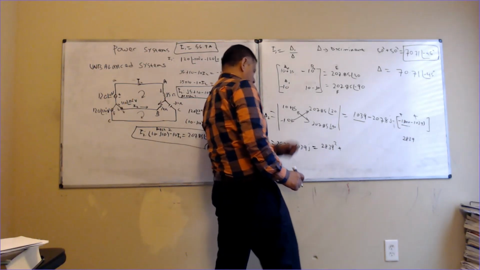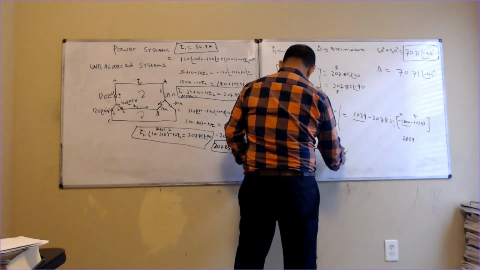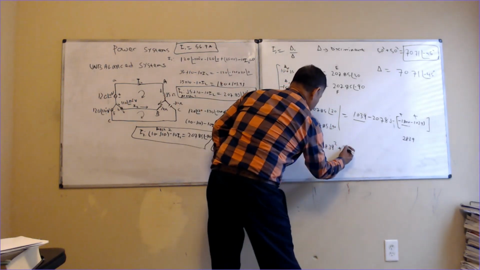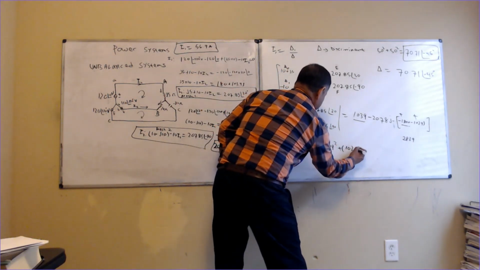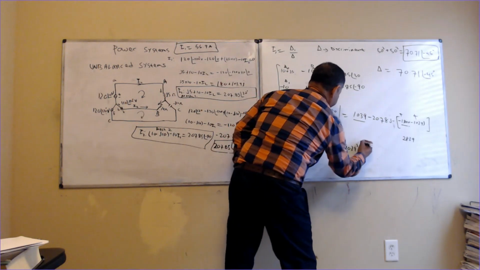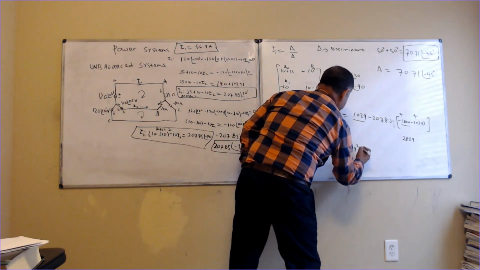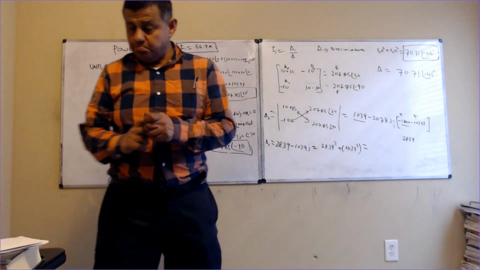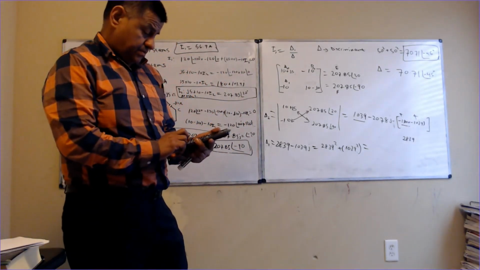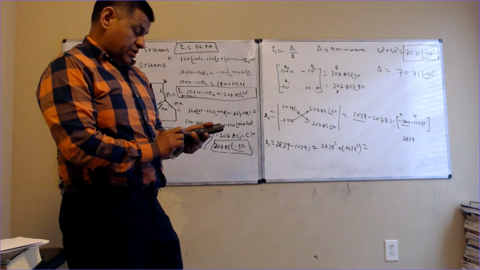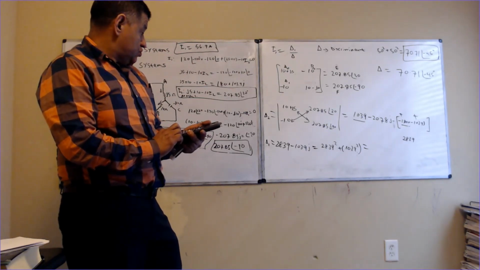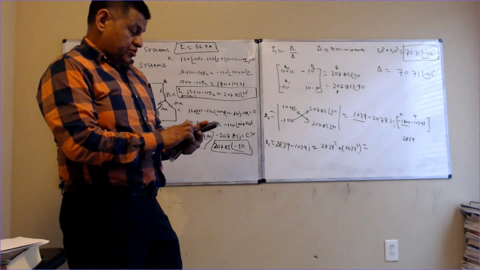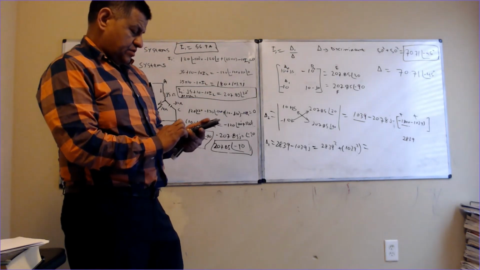When you square, it's going to be a plus. So 1029 squared, plus 2829 squared.